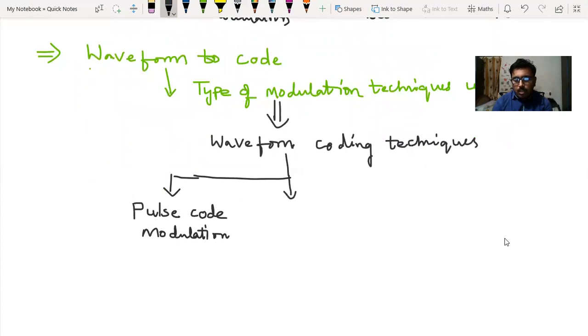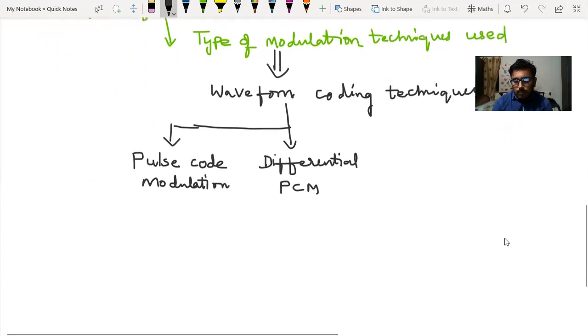Another technique is differential pulse code modulation, that is differential PCM, which we can simply write as DPCM.